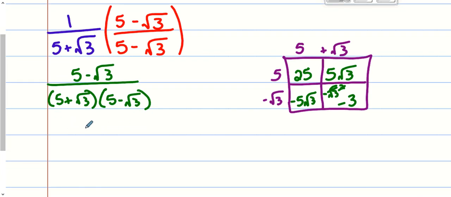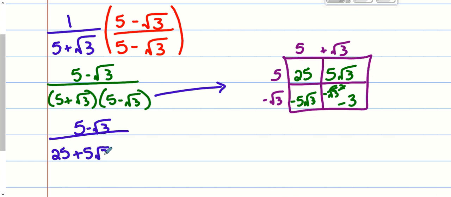Let's take that. We still have the top of our fraction, 5 minus the square root of 3. What we just multiplied is for the bottom of the fraction. So now I have, and I'm going to write it all out, 25 plus 5 square roots of 3 minus 5 square roots of 3 minus 3. Well, if you look carefully at that, 5 square root of 3 minus 5 square root of 3, they cancel each other out.